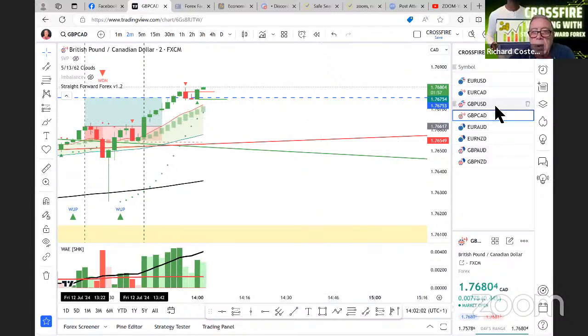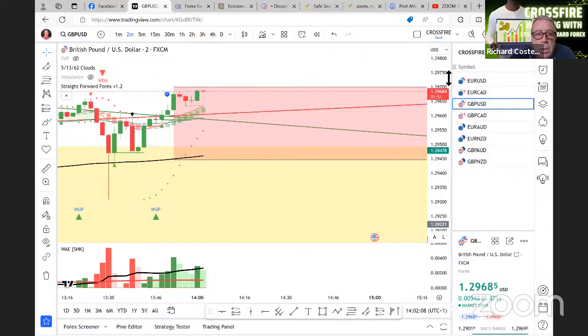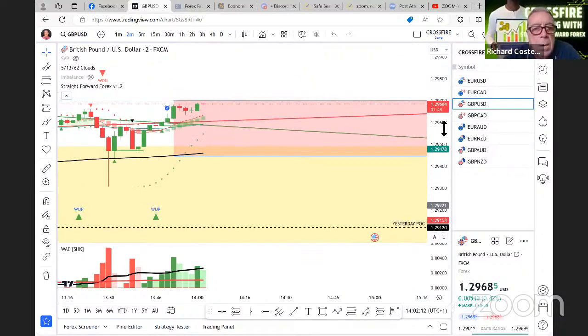The GBP USD, that'd be interesting to see. If we get a candle open above my channel, I'll come down here and check the histogram.